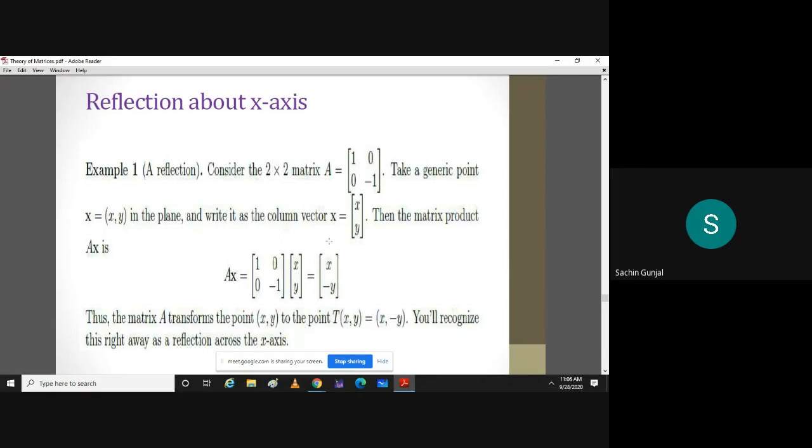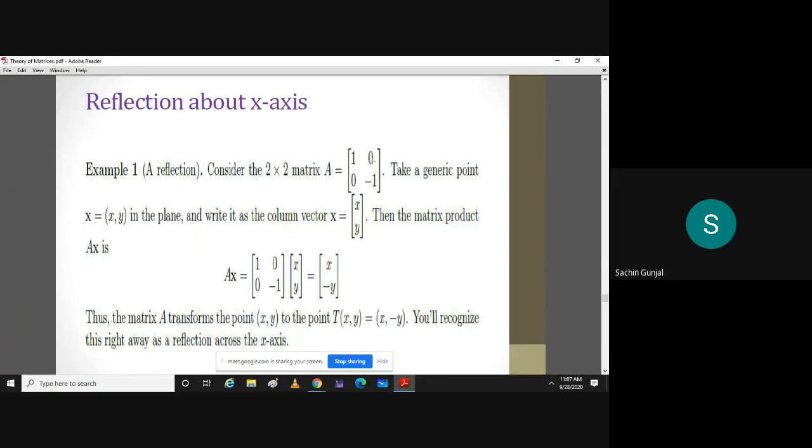Don't look at that matrix. X comma minus y. Okay.